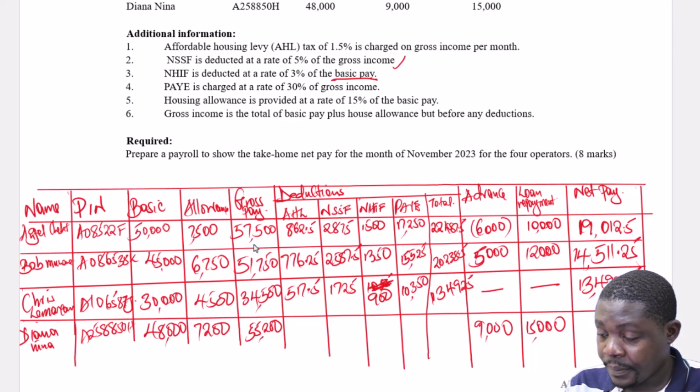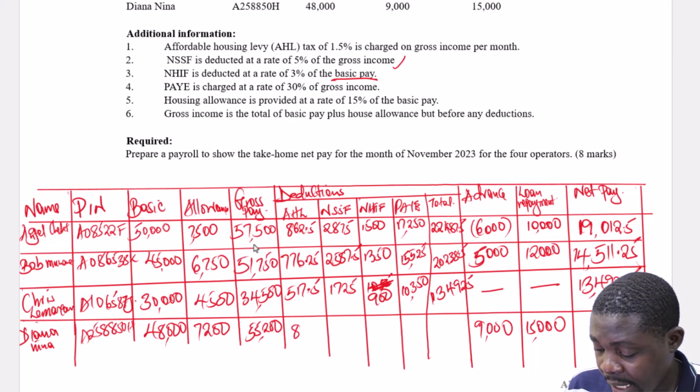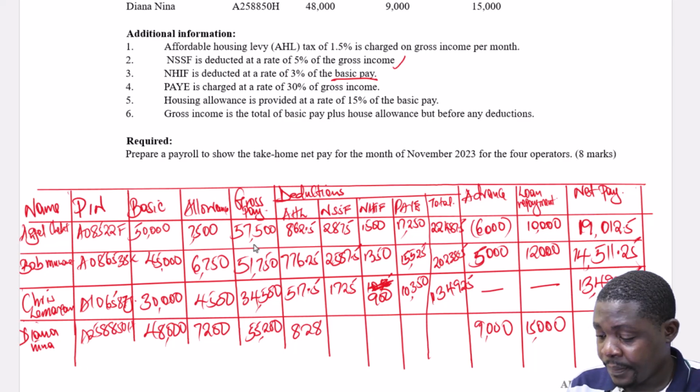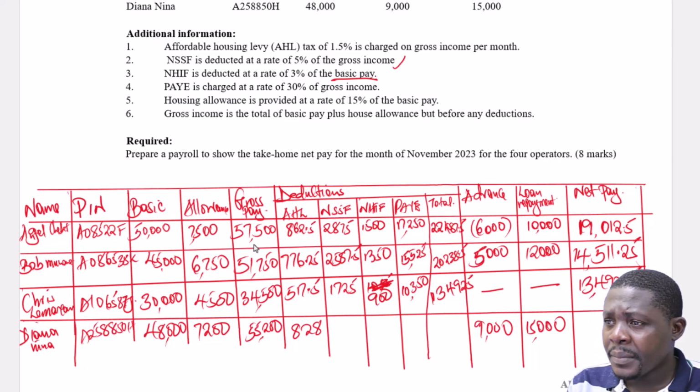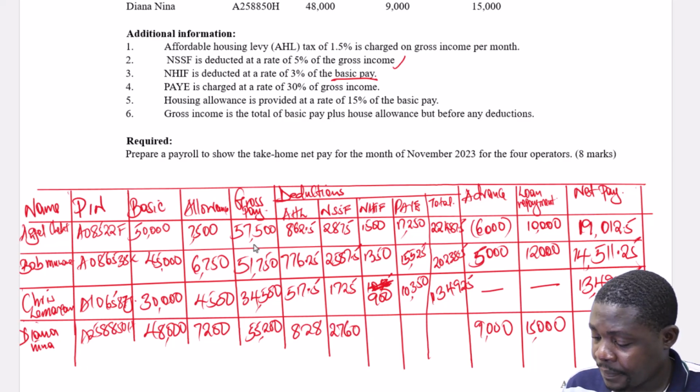55,200. Then we calculate the housing levy. We multiply by 1.5 divided by 100. He is paying 828. He is paying NSSF at 2,760.